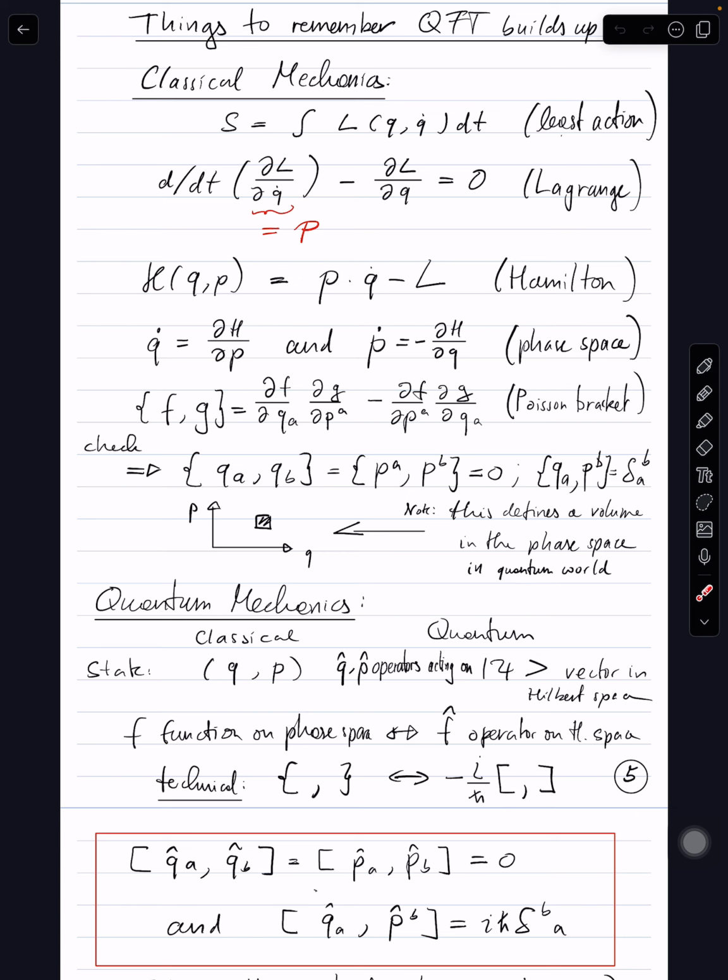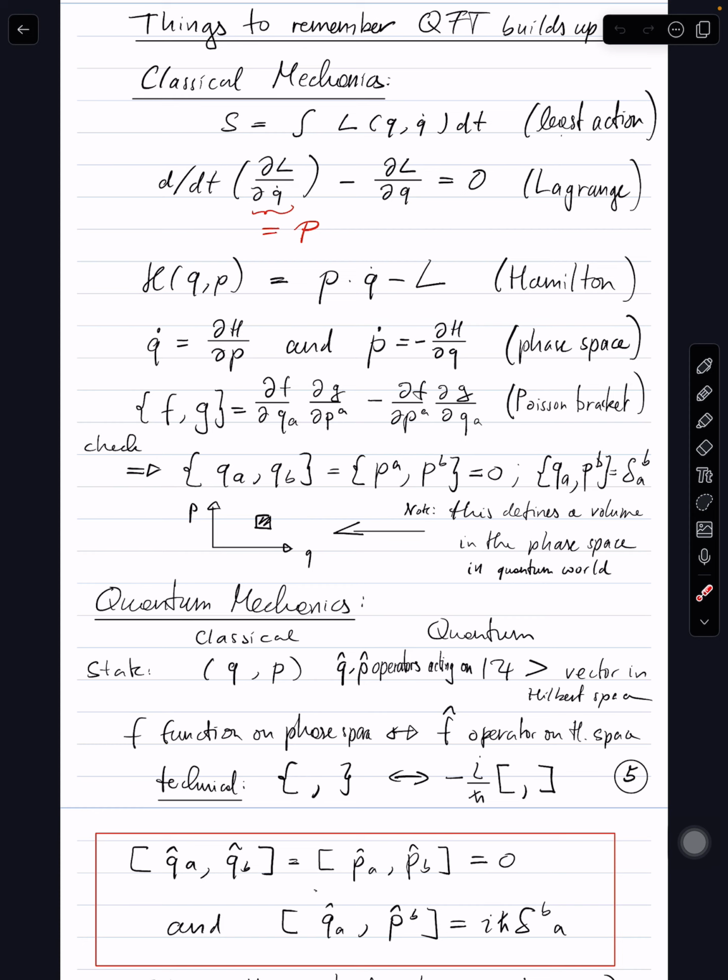The Legendre transform is essentially a local tangent at each point in the momentum and position space. It is found by taking the generalized momentum, the derivative of L with respect to q dot, multiplying it by q dot, and subtracting the Lagrange function.